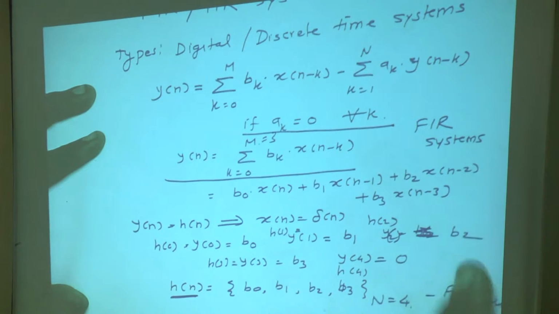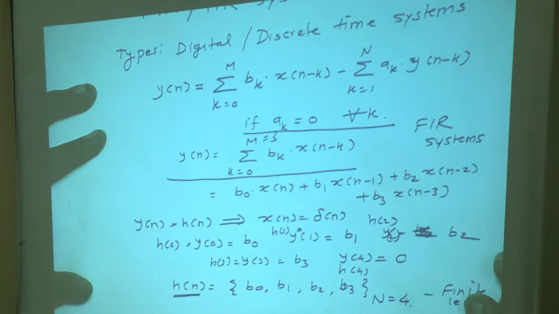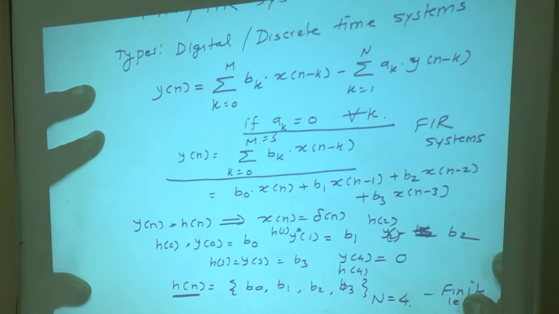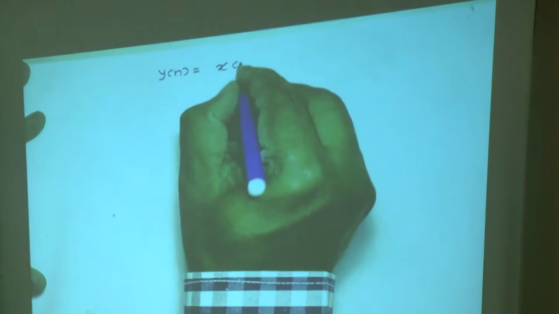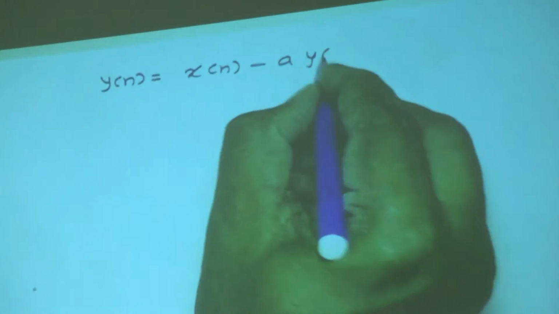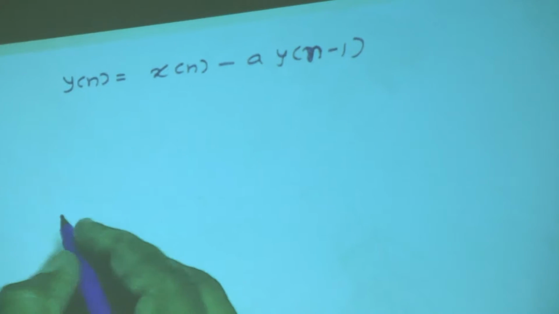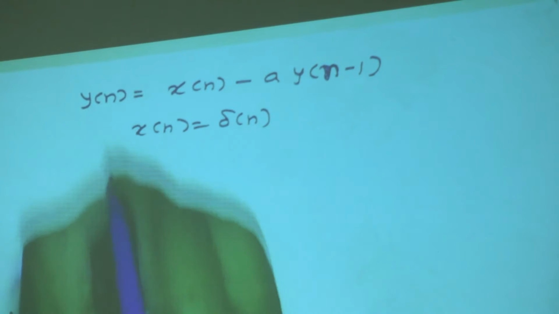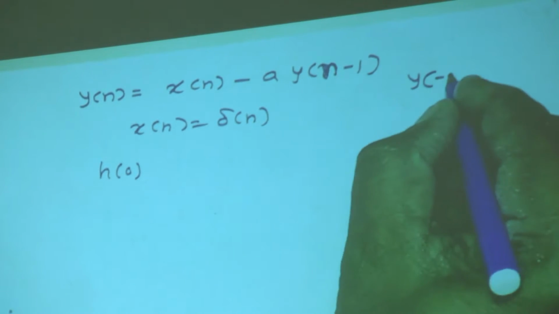Last time we saw one example, which is minus a to the power n u of n, for a simple system y of n is equal to x of n minus a times y of n minus 1. When we take x of n equal to delta n, y of n becomes h of n. Initially relaxed system, that means y of minus 1 is 0.